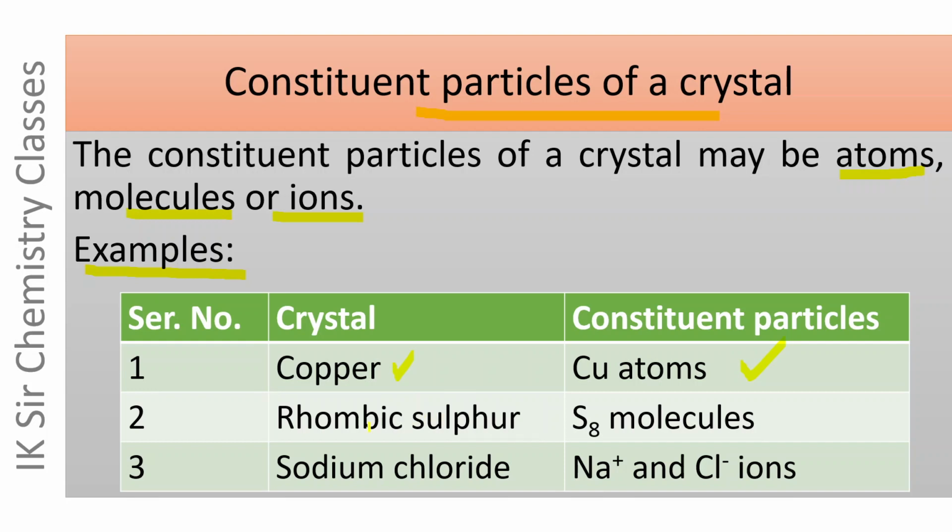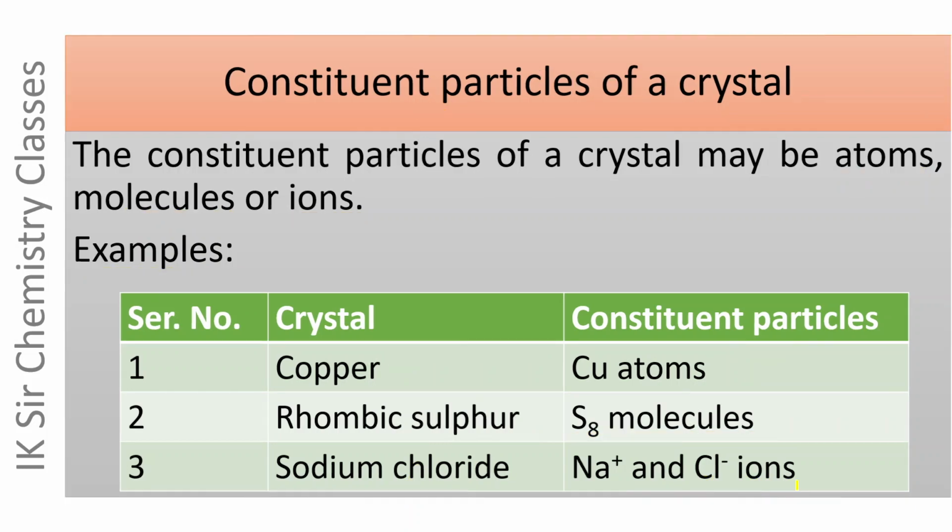On the other hand, in the crystal of rhombic sulfur, the constituent particles are S8 molecules, while in the crystal of sodium chloride, the constituent particles are Na+ and Cl- ions. Thus, we see that the constituent particles of a crystal may be atoms, molecules, or ions.